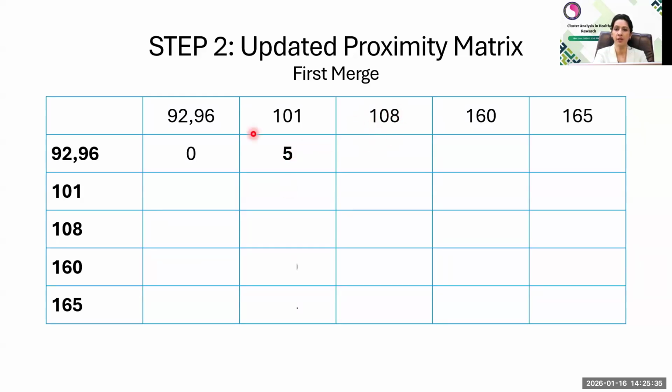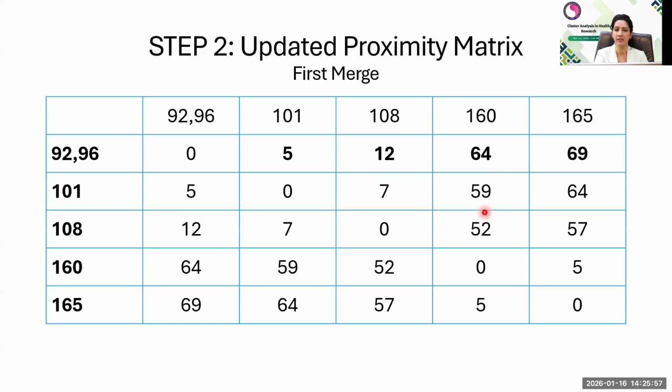Similarly, with 108 and 92 to 96, which distance will I use? All of you type in the chat box. So I will use 108 minus 96. Yes. So that's why 12. Similarly, we will measure these distances.